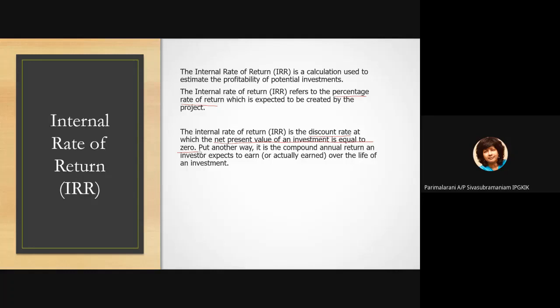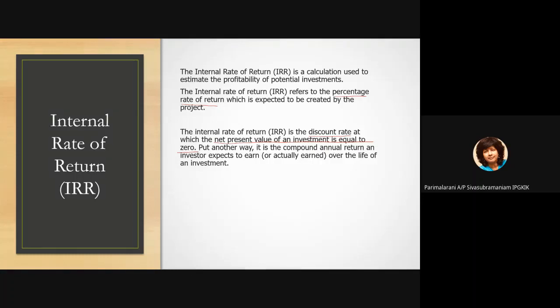In other words, you're finding the discount rate when the cash inflows are exactly the same as the cash outflows. What you put in and what you get later is exactly the same. So you want to find the discount rate when that happens.